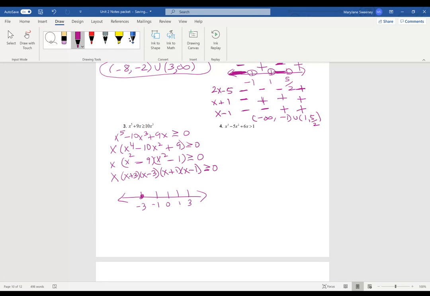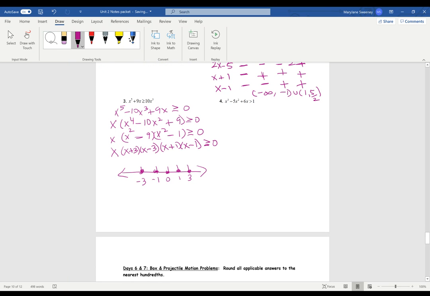Equal to, so I'm going to color all of those in. These are the numbers that would make that product equal to 0. Then for my factors, I have x plus 3, x minus 3, x plus 1, and x minus 1.